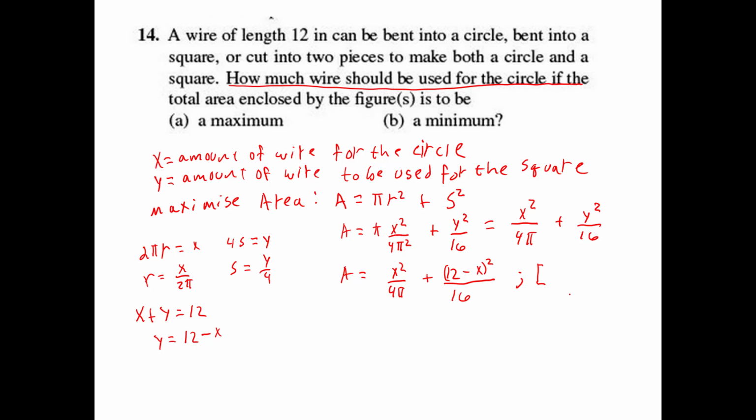So my dimensions, my interval, x is the amount of wire for the circle. I could use all the wire on the circle, or I could use none of the wire on the circle. So I could use 0, or I could use 12. Now, if you notice, if you put in 0 for x, you don't get 0 for your area. And if you put in 12 for x, you don't get 0 for your area.